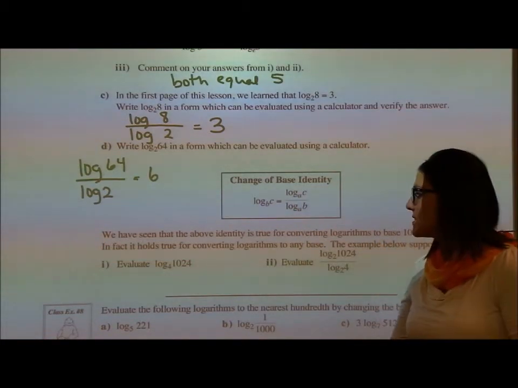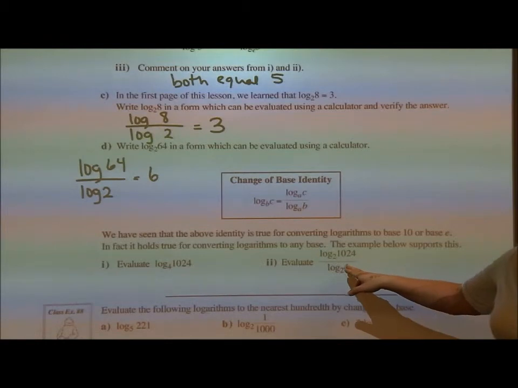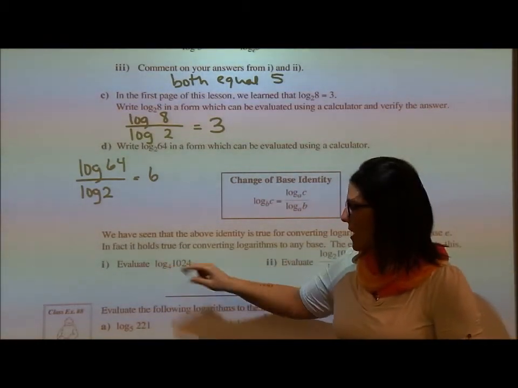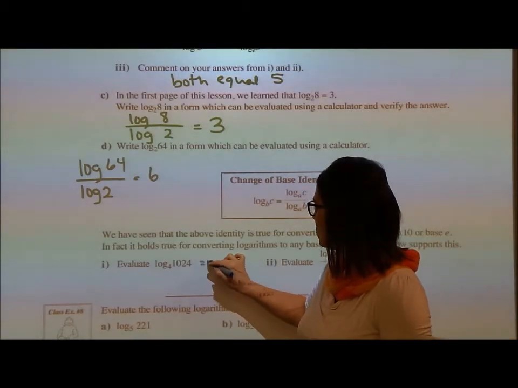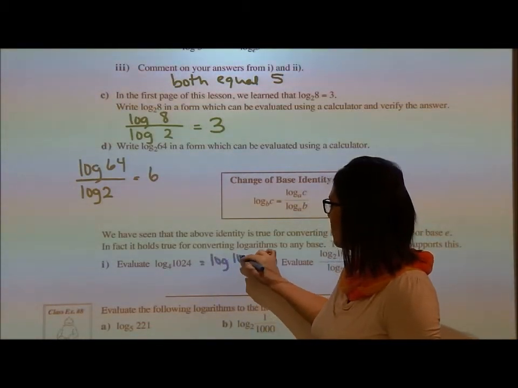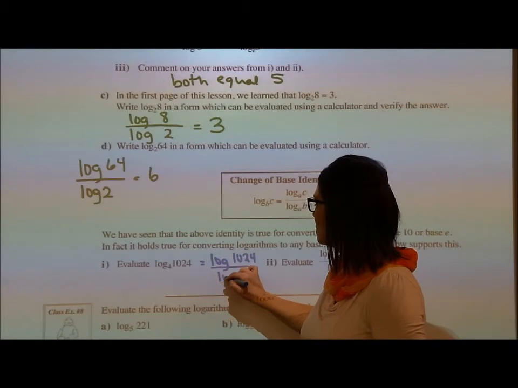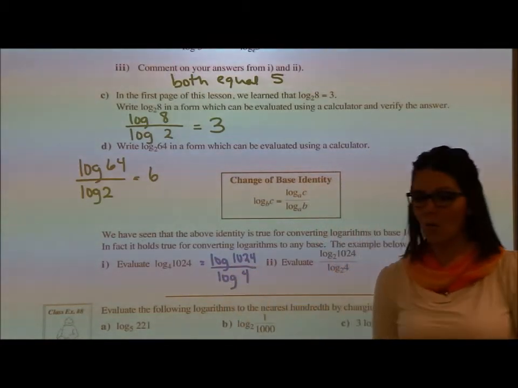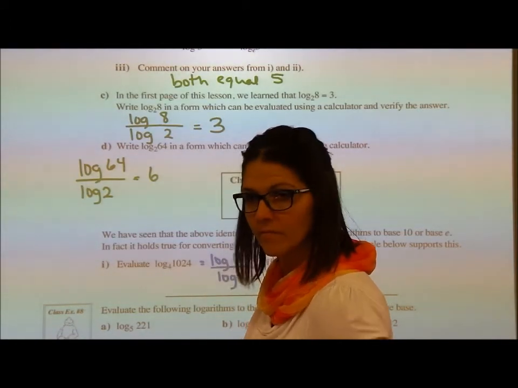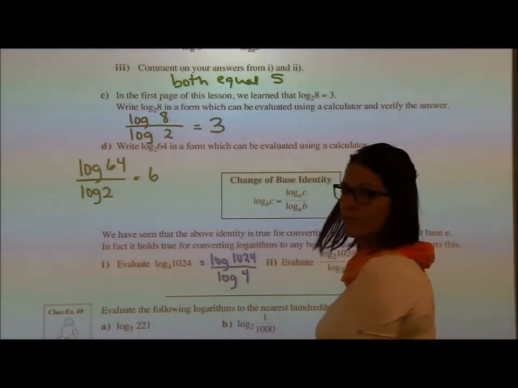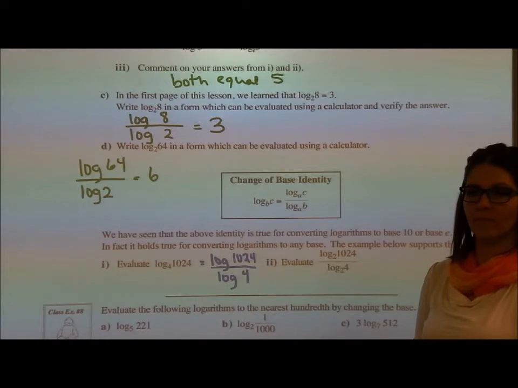What that means is I could take log base 4 of 1024, which would be log 1024 divided by log 4, which would equal what? Five.